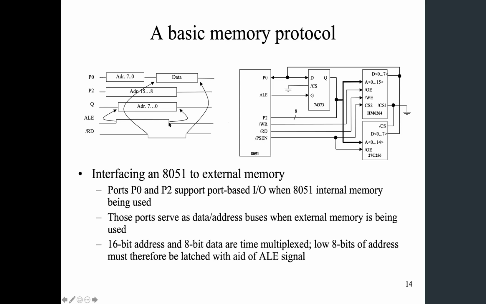So what we're trying to do is use this microcontroller to access these 2 memory chips. One of them is, I think, a ROM, which is read-only, and the other one is a RAM, so you can write to this memory chip.